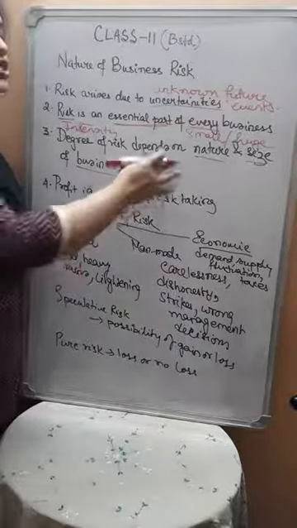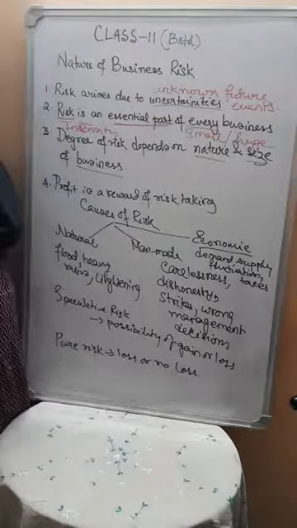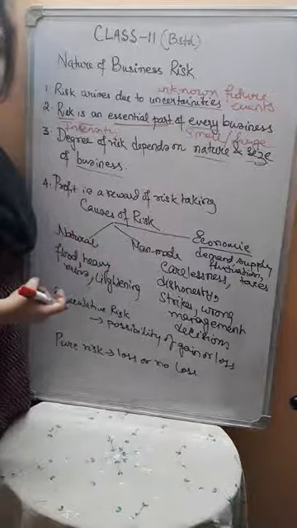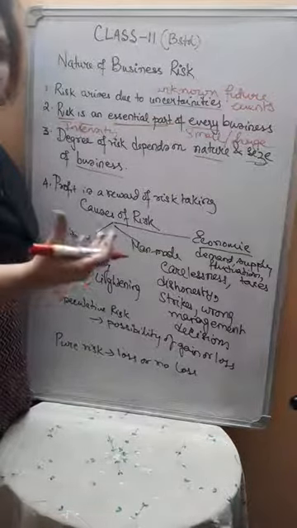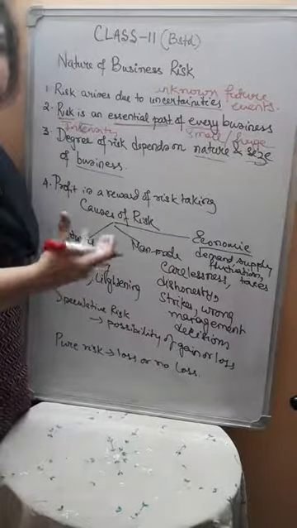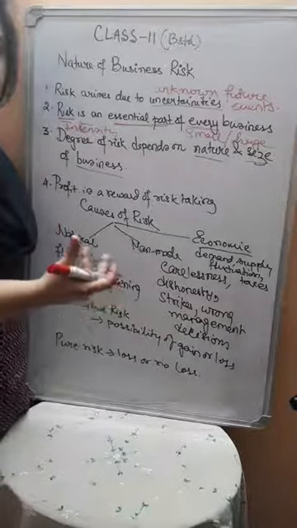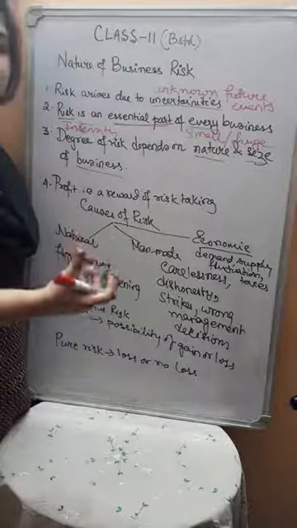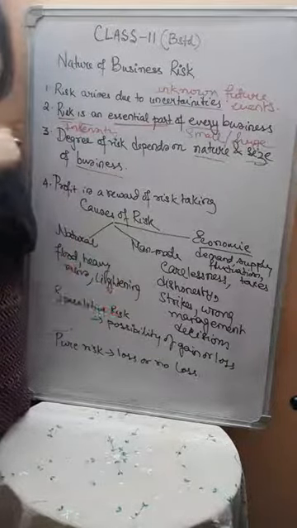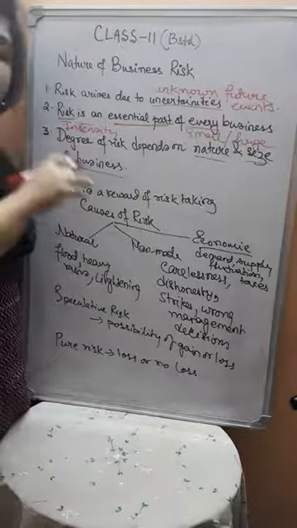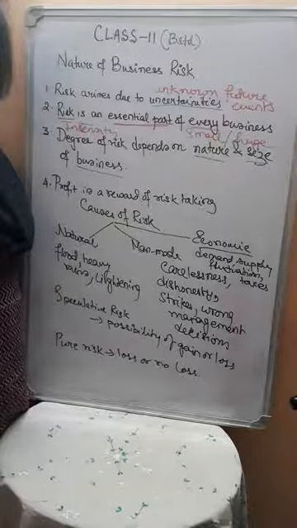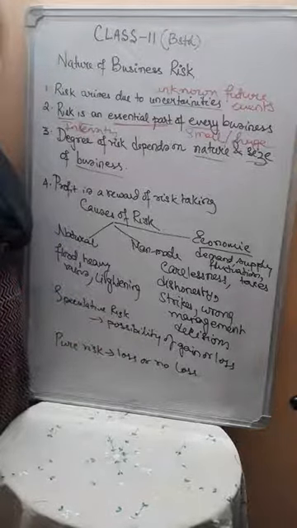But if the nature of the product is such that the business house produces AC, which is a kind of luxurious good, or it produces gadgets, mobiles, or fashionable items, then what happens? The element of risk is much more, because consumers might even forego that or delay their consumption if they don't meet the monetary requirement.